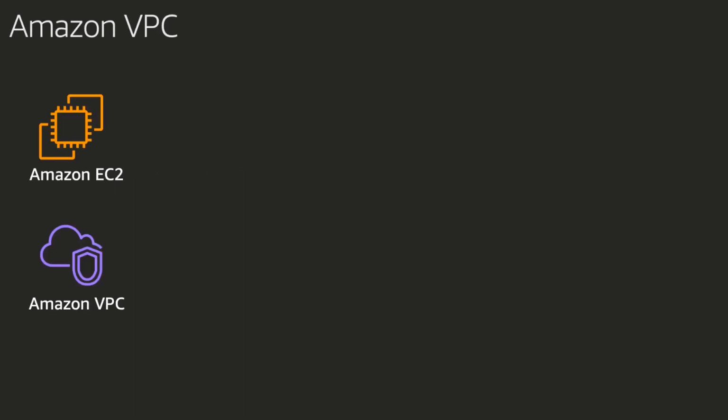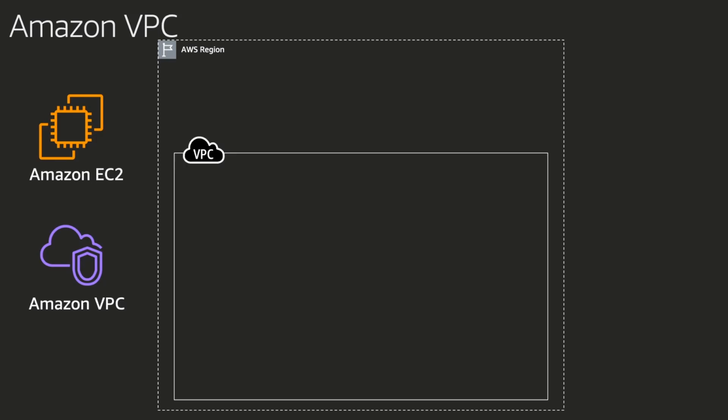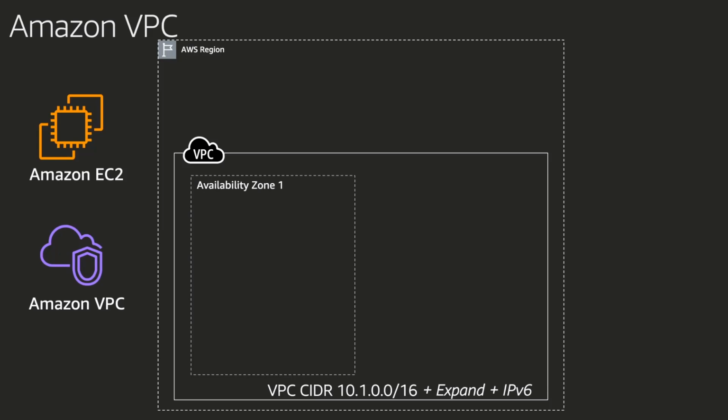So firstly, let's take a step back in time, and we're going to rewind back to around about November 2018. So in November 2018, we still had EC2 and Amazon VPC, and we've got a region here and a VPC. So a VPC is a region level construct, which you assign a CIDR address range to. And we're just going to be stepping through how we built out a VPC and that sort of thing.